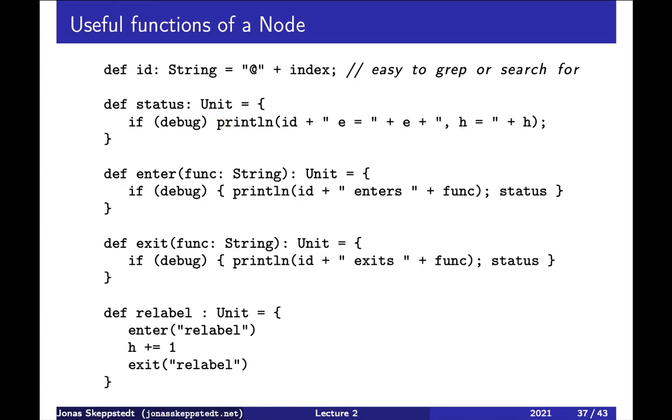So we may want to have a status function that prints which node it is, its excess preflow, and its current height. ID is another function which is a string with at and the node's index.